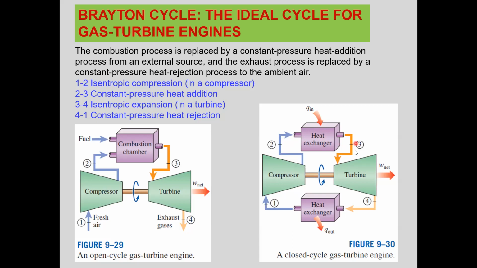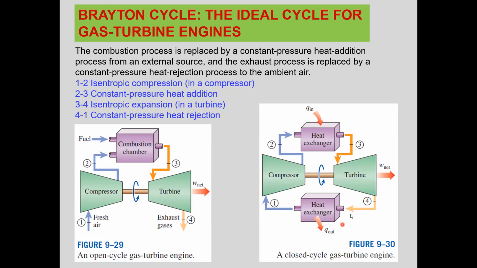Air temperature is increasing. Then high temperature air goes through the turbine producing work. Then its temperature and pressure decrease to the level of state 4. And here air goes through a heat exchanger, but heat is rejected at constant pressure. Then it goes back to the initial state, enters the compressor, completing the cycle.